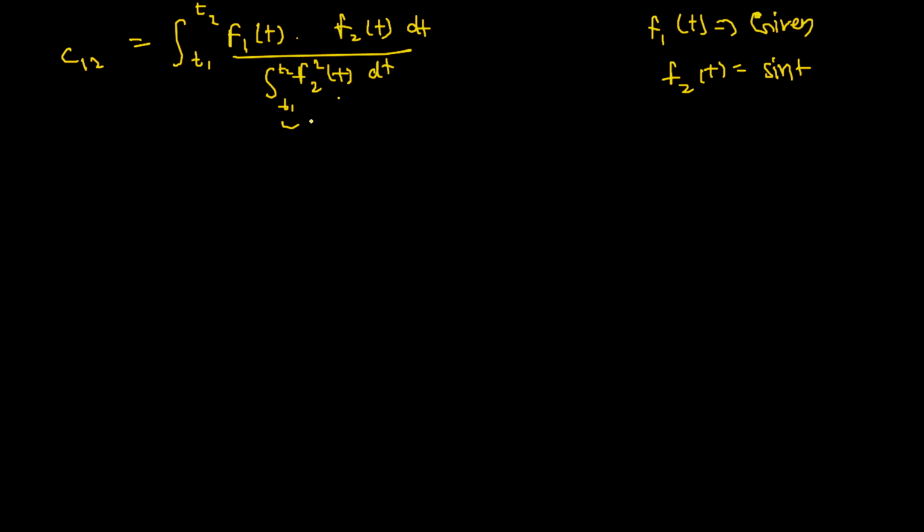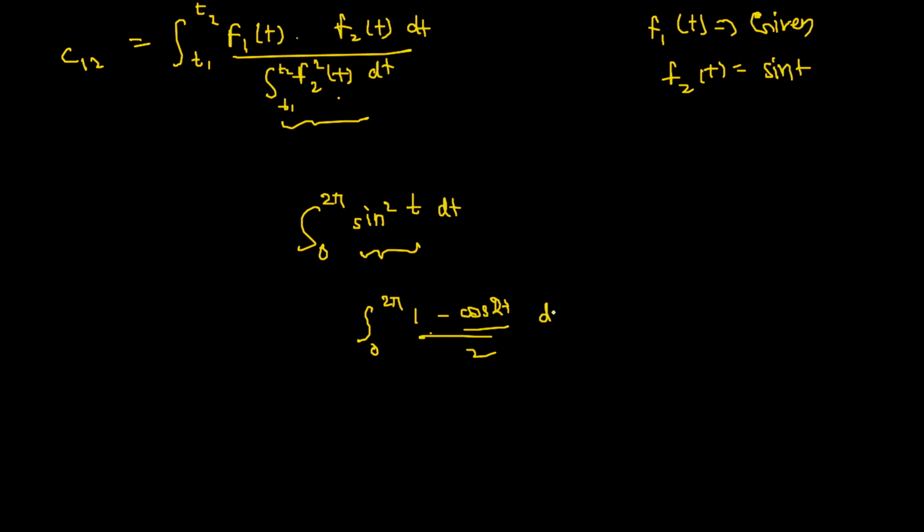First let me find the integration of the denominator. So I have the integral from 0 to 2 pi of sine square t dt. Here we split sine square t using the trigonometric identity, which is (1 minus cos 2t) divided by 2. Upon splitting it, we get half into the integration from 0 to 2 pi of 1 minus cos 2t dt.